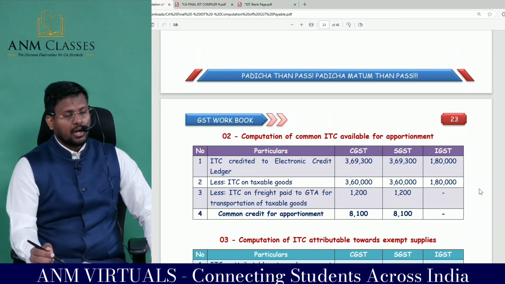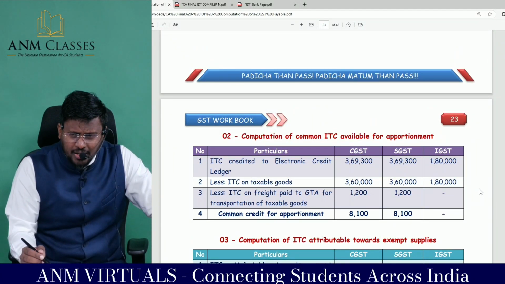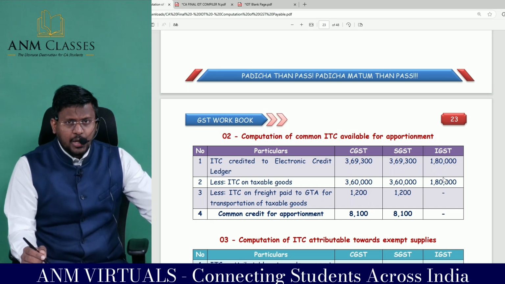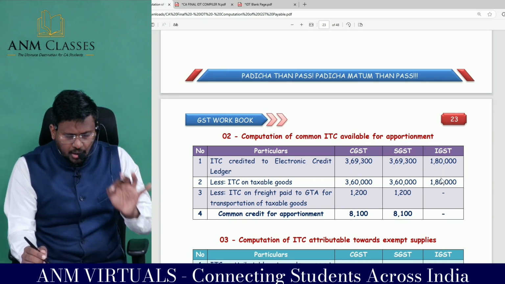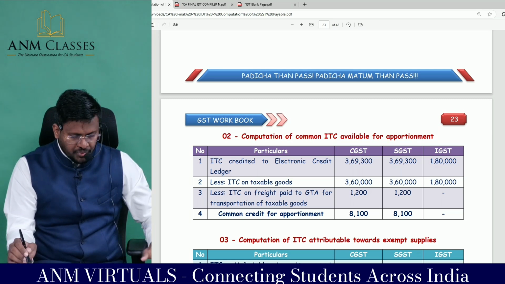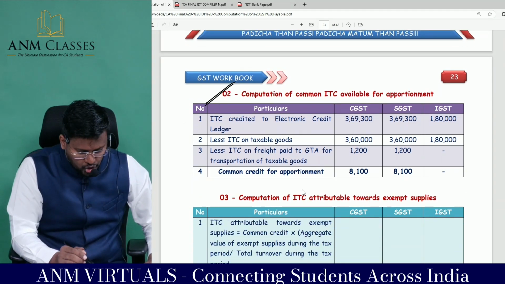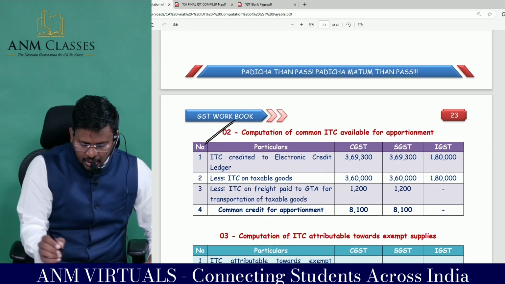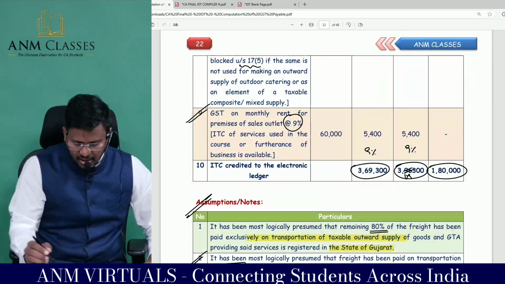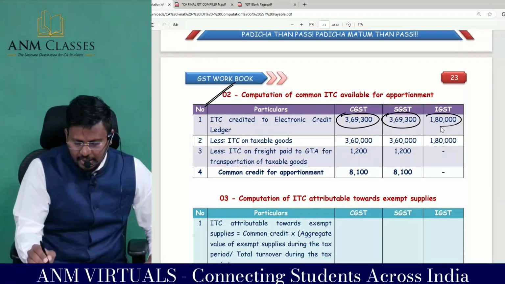Fine. Now, out of the amount credited to the electronic credit ledger, we know T4. From that, if you reduce T4, you will be able to get the C2. So, computation of common ITC available for apportionment. What is the ITC credited to the electronic credit ledger? 3,69,300 and 1,80,000.